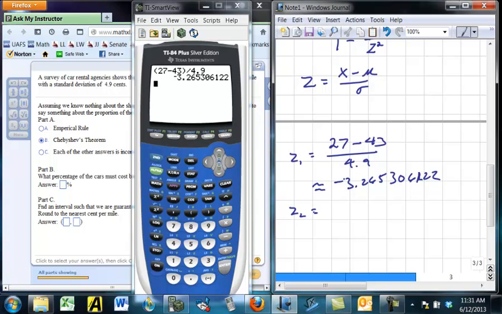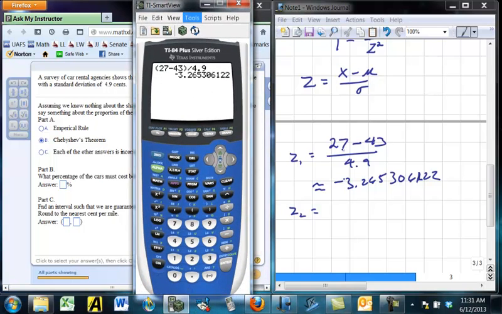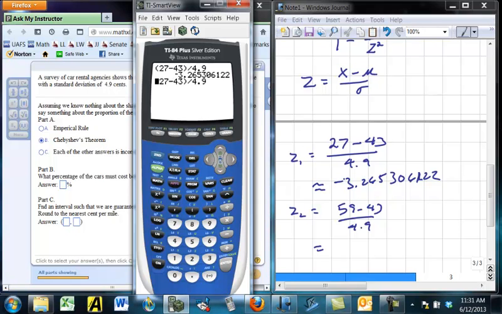The second z is for 59 cents, so replace the 27 with 59. I pull the previous entry back up and replace the 27 with a 59, and notice that you get the same value, just positive.